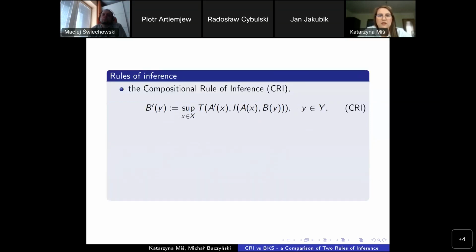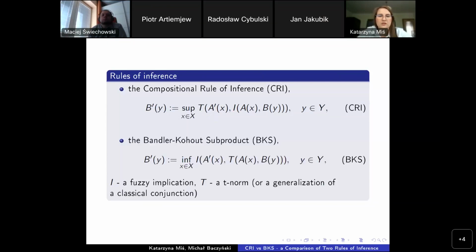So the first one looks like here. So we have a function I, which is a fuzzy implication, and we have our input. So this is A prime of X.